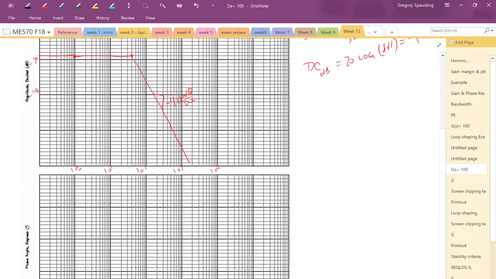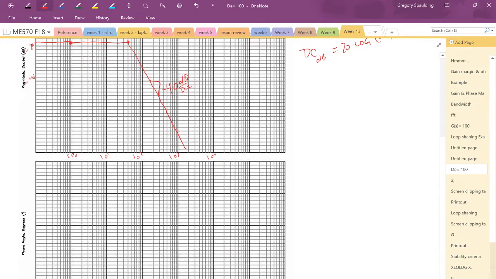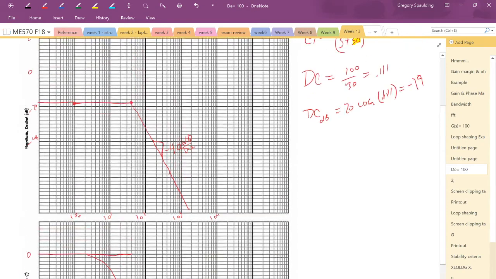And we end up with a phase 0, minus 90, minus 180, 0 out to 30, and then minus 180 from there on over. Okay, so that's going to make this look something like that.